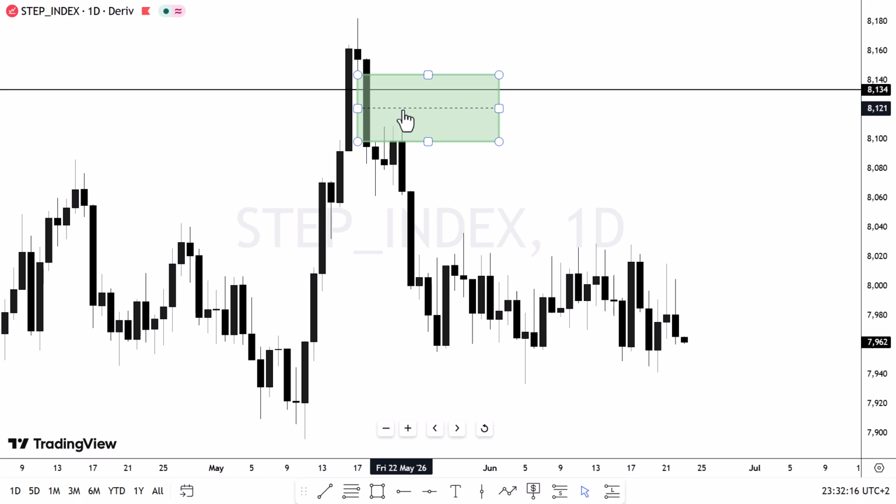Because now we have shifted our bias. We are bearish. When we are bearish, we are looking for these inefficiencies on a higher time frame to support our bias. So how does price action perform inside of these PD arrays?